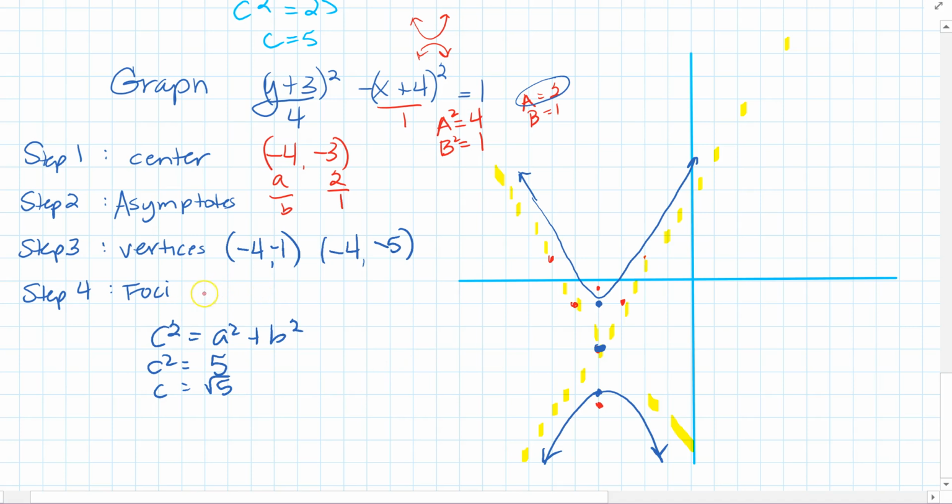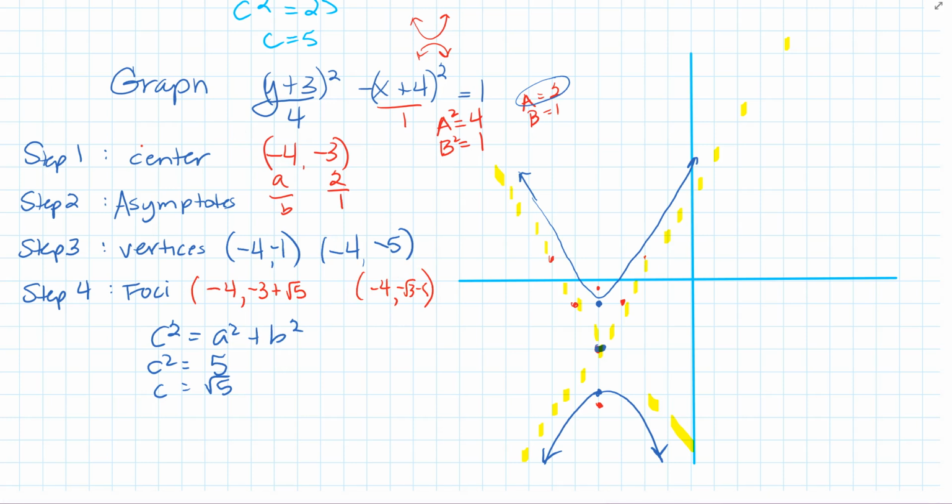Since it's irrational, you can say on the x, it's -4 for both of them. And on the y, you know how the center is -3? Say -3 plus √5, -3 minus √5. And that is fine with me.